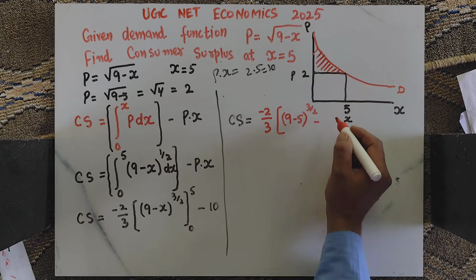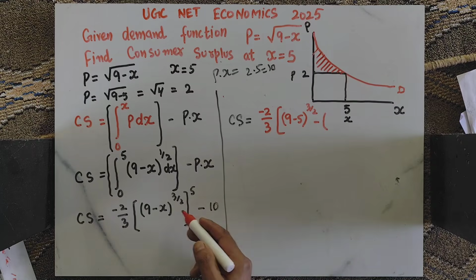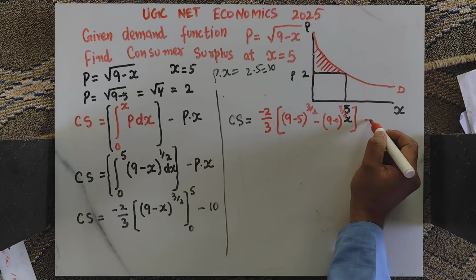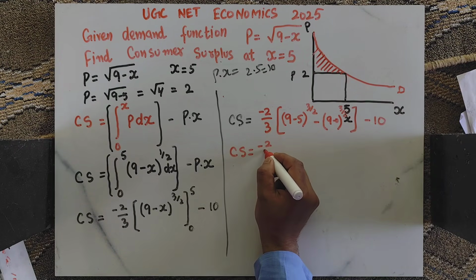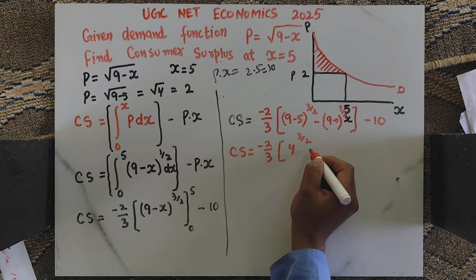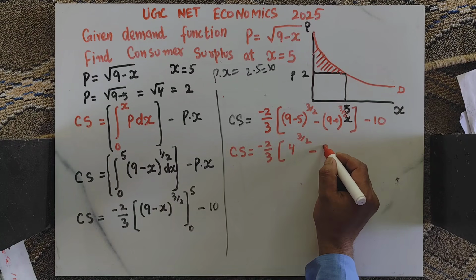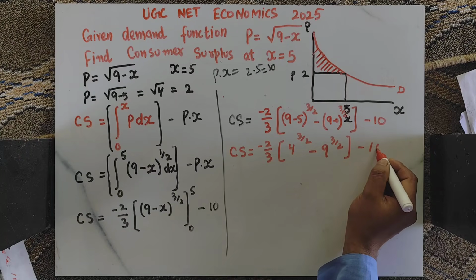Then we subtract and evaluate at the lower limit, which is 9 minus 0, so in place of x we have 0. So 9 minus 0 raised to the power 3 upon 2. From this we subtract the total expenditure. Consumer surplus is minus 2 upon 3 times 4 raised to the power 3 upon 2 minus 9 raised to the power 3 upon 2, and we subtract the total expenditure.